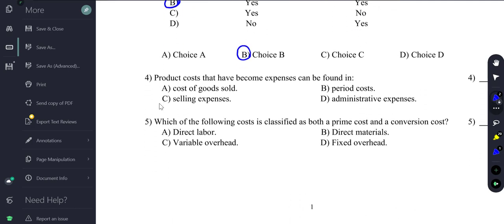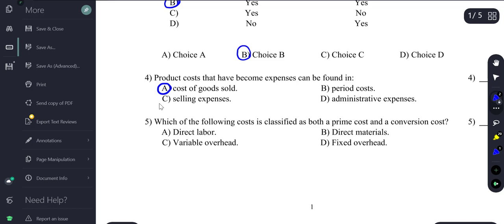Product costs that have become expenses can be found in, and this one is really identifying where those costs are going. Okay, so when we have product costs and we're accumulating those, once they are recorded and become expenses, they go into the cost of goods sold account.